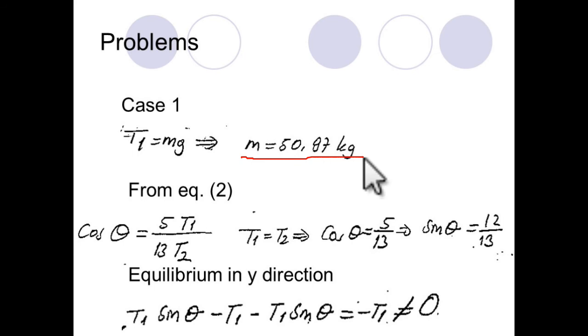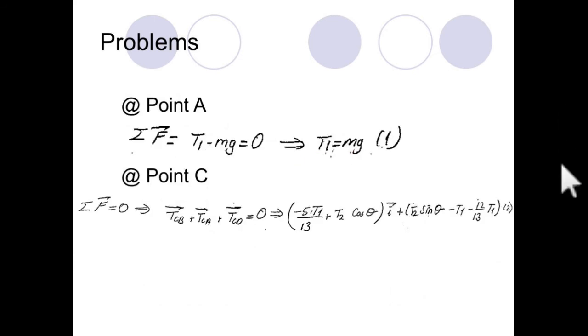Now let's check whether it's okay or not. Now remember the equation 2. So this is our equation 2. And if we look at the x component, now we know T1, we assume that it is 500, and therefore we can calculate T2 cosine theta from here.